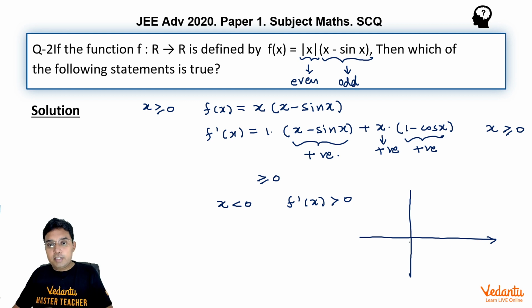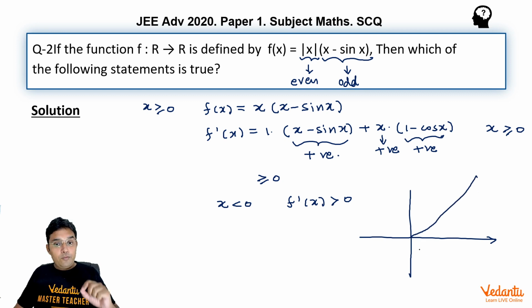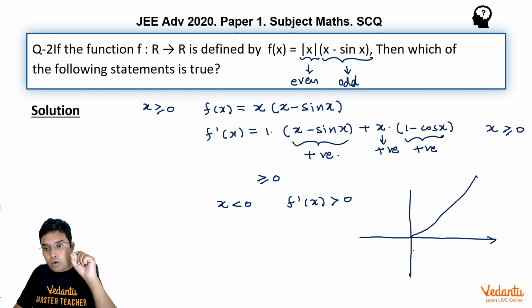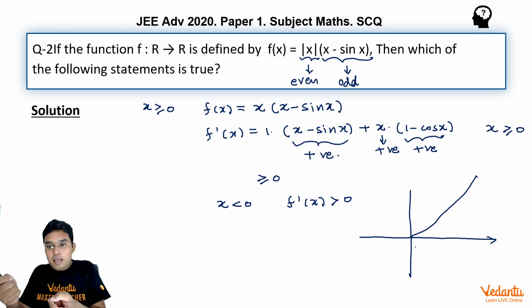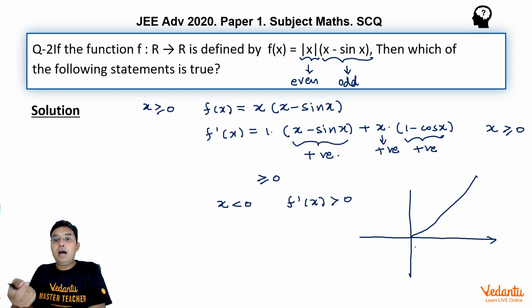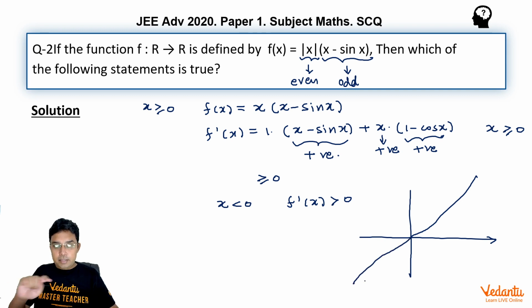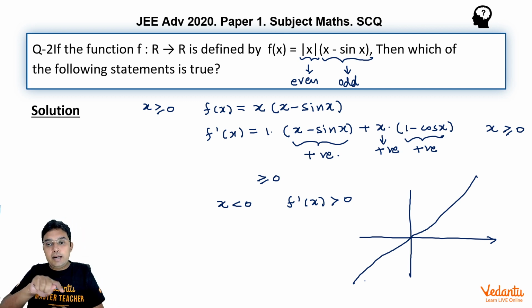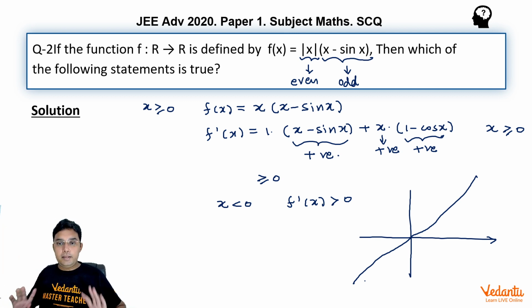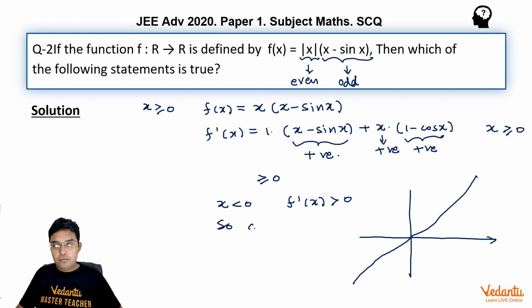For x positive, because we have proved it is increasing as its derivative is positive, it will be like this. Now for x negative, because it is an odd function, it should be the image of this graph about the origin. So it should be like this. That means the function in totality should be increasing only. So we can say that the function is one-one.